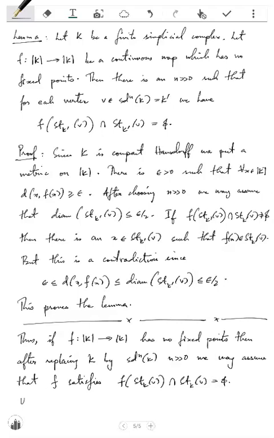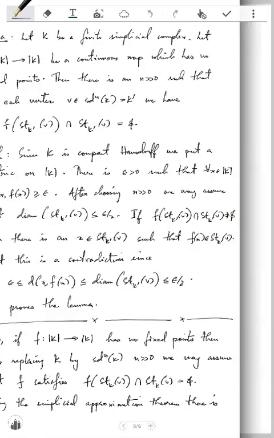So, using the simplicial approximation theorem, there is M sufficiently large and G a simplicial map, so let's call this L, such that G is homotopic to F.